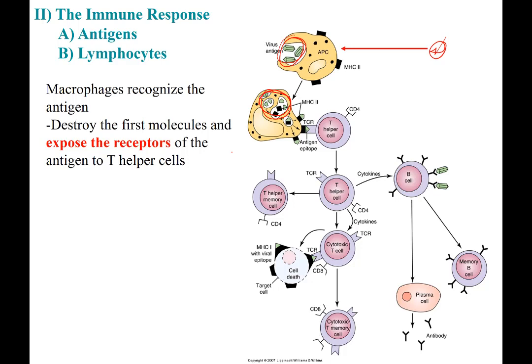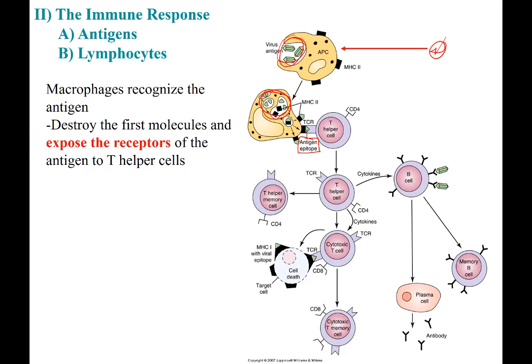How do they do that? They are clever enough to digest what's harmful from a virus, for example, but to keep an important part of this antigen, the epitope. You remember a few minutes ago I introduced you to the idea of the epitope as the ID of an antigen.